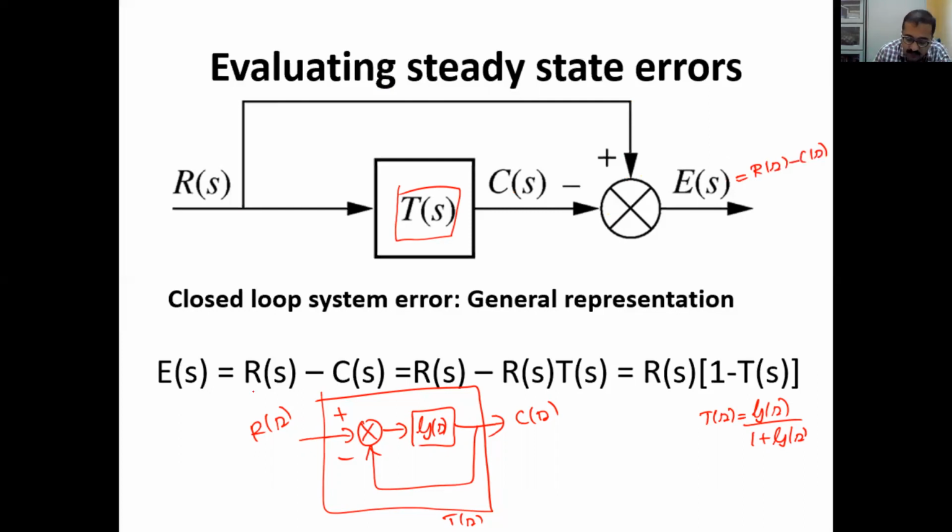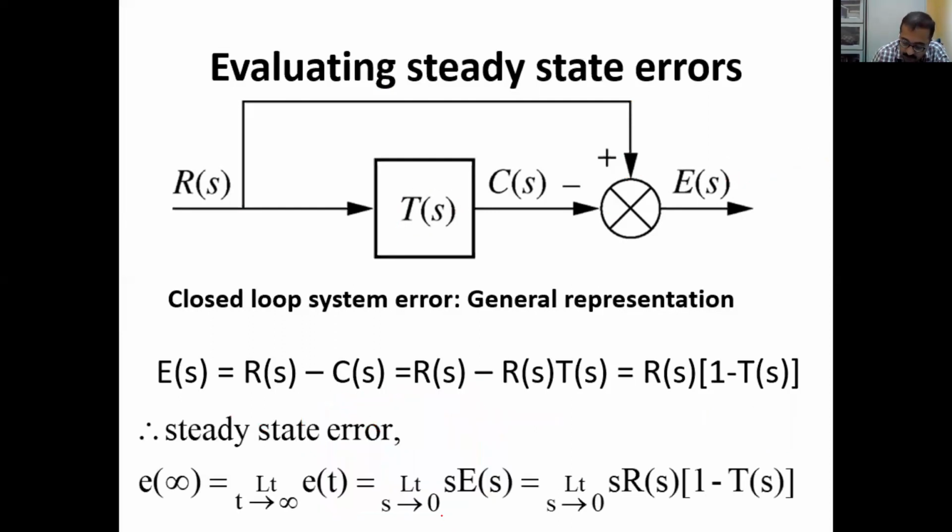Error is nothing but R of S into 1 minus T of S. And if you apply the final value theorem, you will get it as limit S tends to 0, S into R of S into 1 minus T of S. So this is what I said. Your steady state error depends upon the type of the input signal and the plant transfer function type.